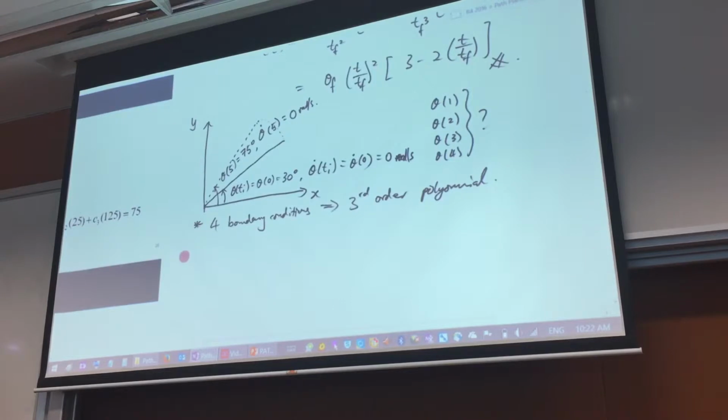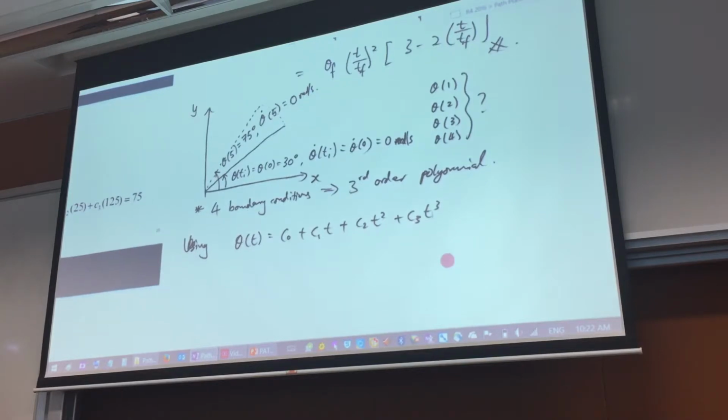So a third order polynomial will be using theta t equal to c0 plus c1 t plus c2 t squared plus c3 t cubed.